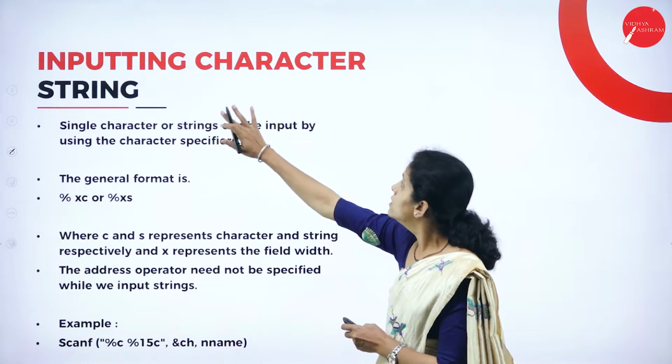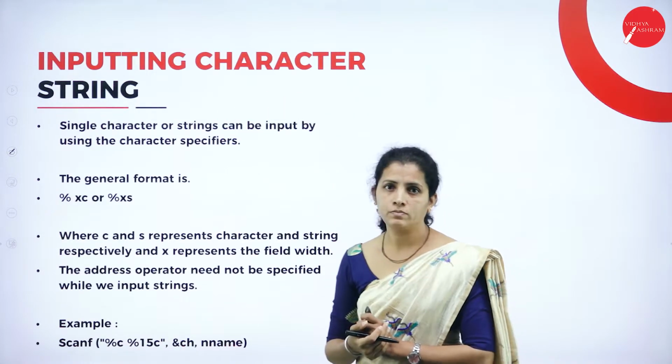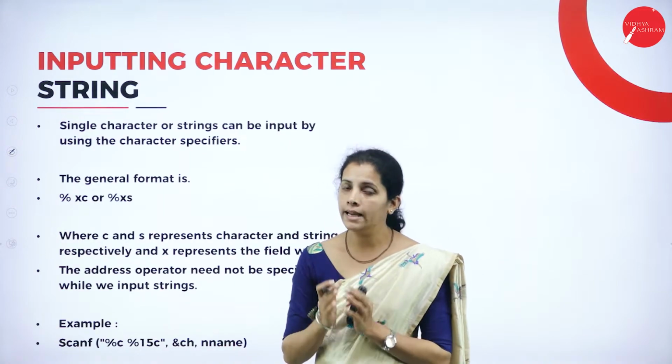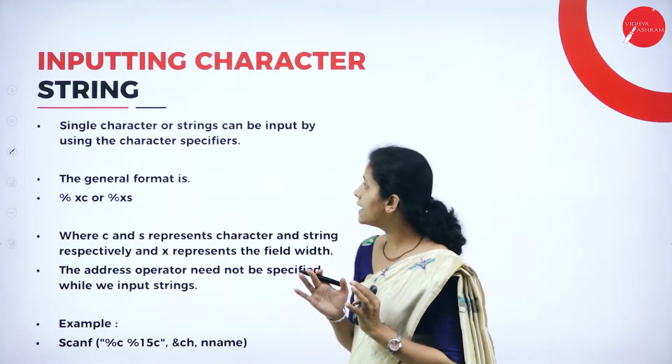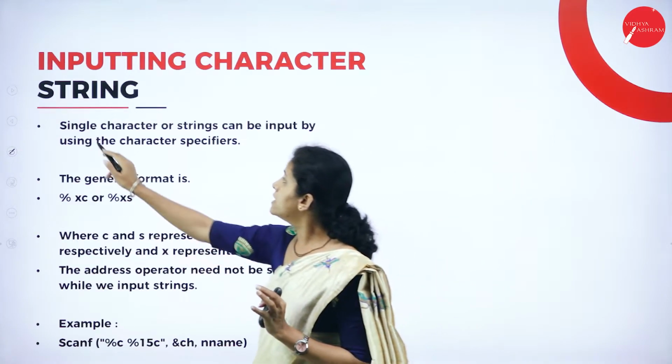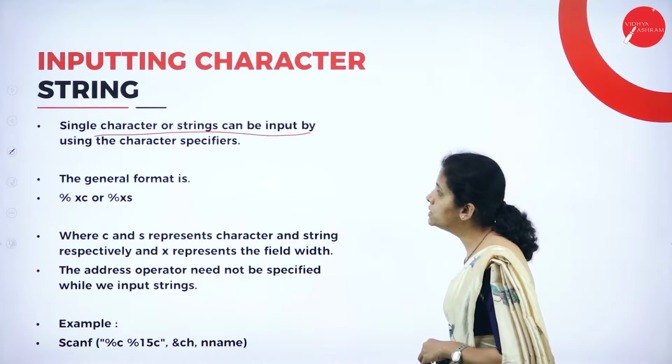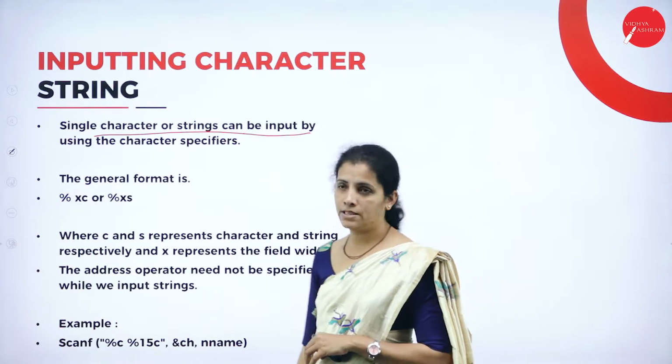Now, this is for character. So, what is a character here? That is nothing but a single letter or single character. Now, a single character or string can be input by using a character specifier.